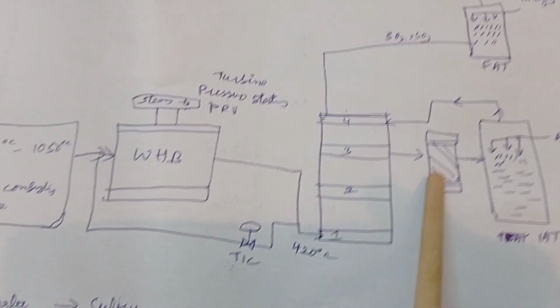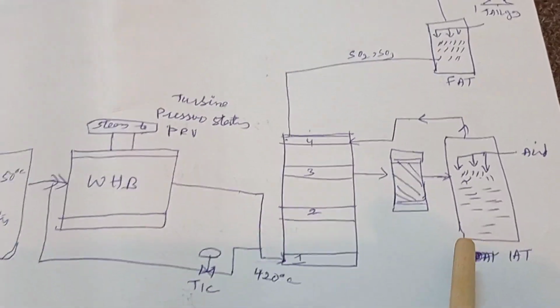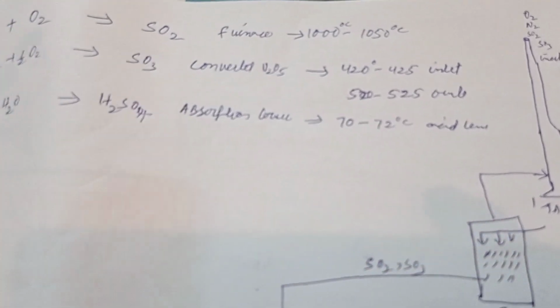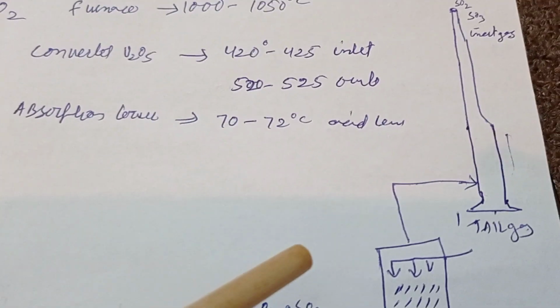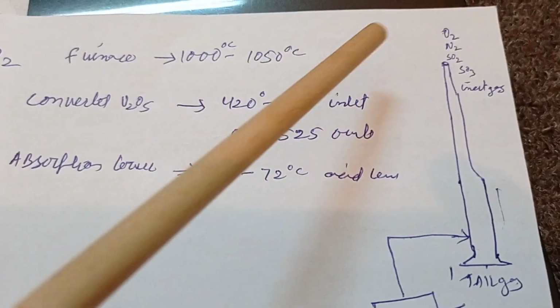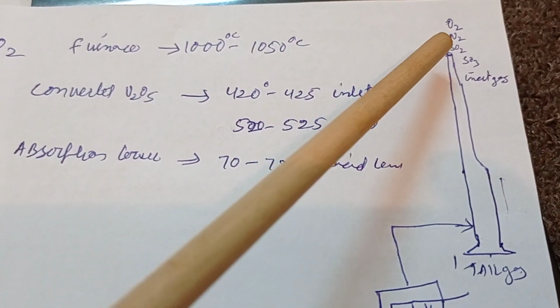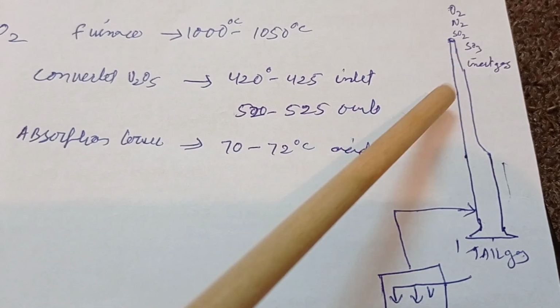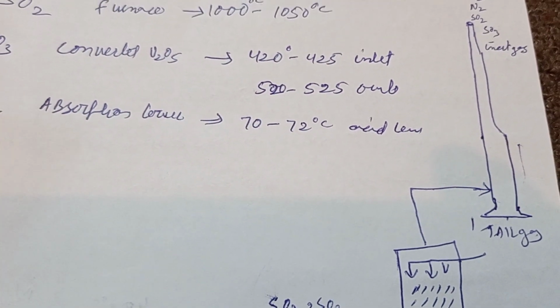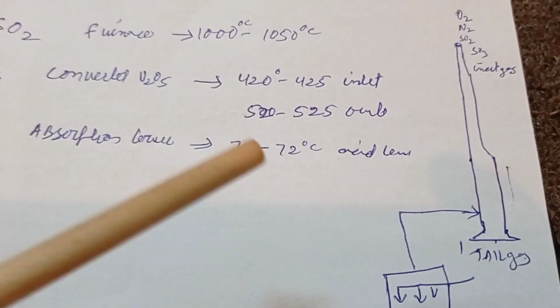After the converter comes the third bed, then the intermediate absorption tower and the final absorption tower. And whatever gas remains is the tail gas, whose composition is O2, N2, SO2, SO3. When SO2 reacts with O2, it becomes SO3.